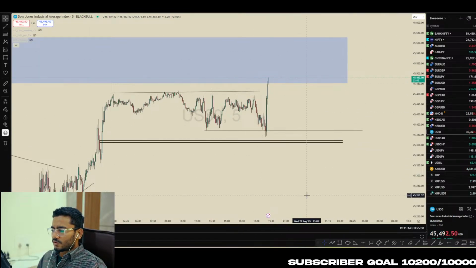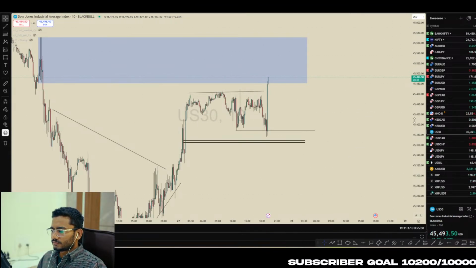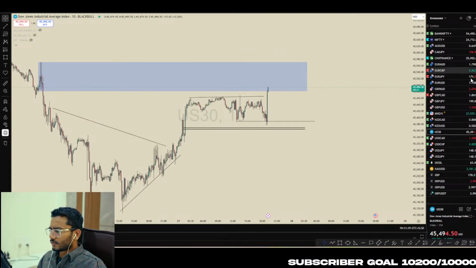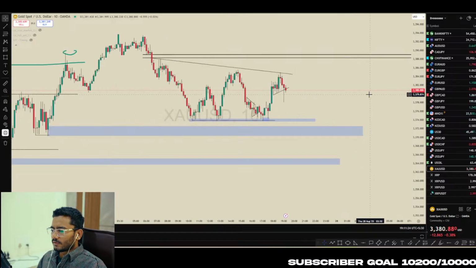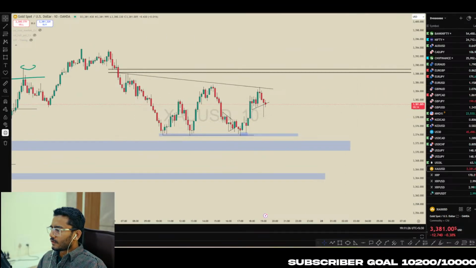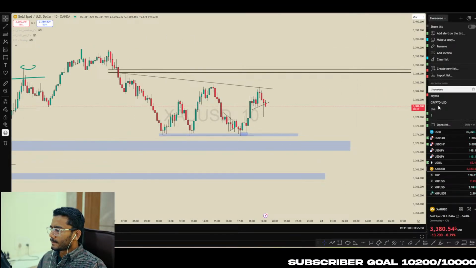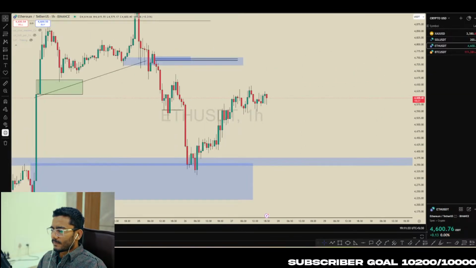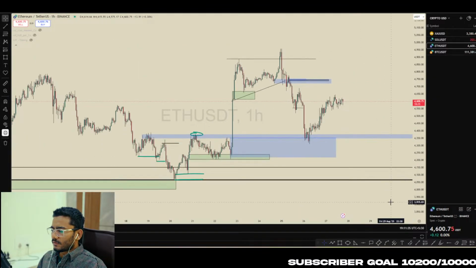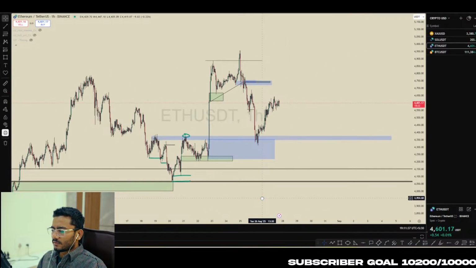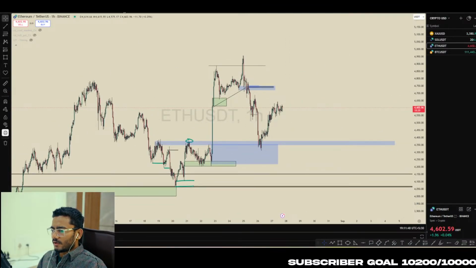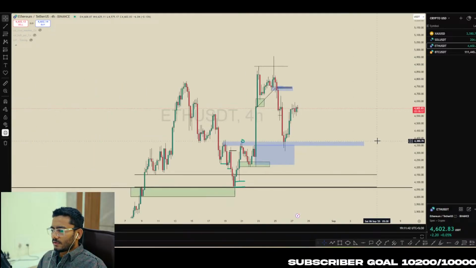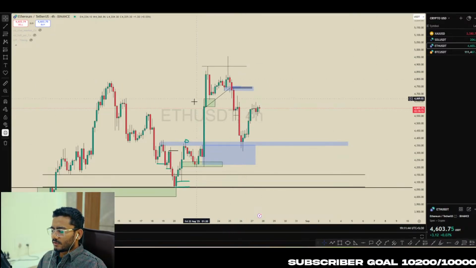Let's wait for price to reverse. So right now Ethereum is continuing from this order block we marked Friday.